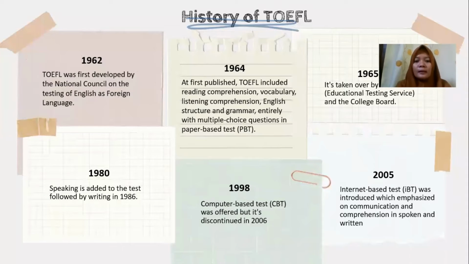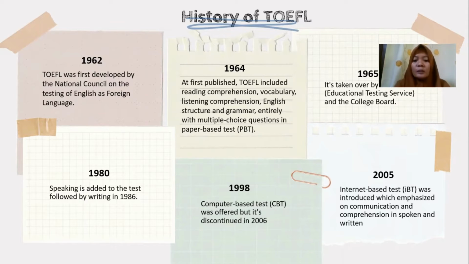Now let's take a look at the history of TOEFL. TOEFL was first developed by the National Council on the Test of English as a Foreign Language in 1962 for the purpose of creating an English language assessment for international students who wish to study at university in the United States.